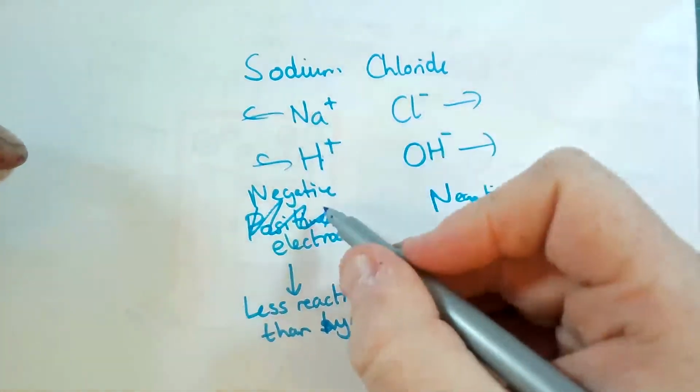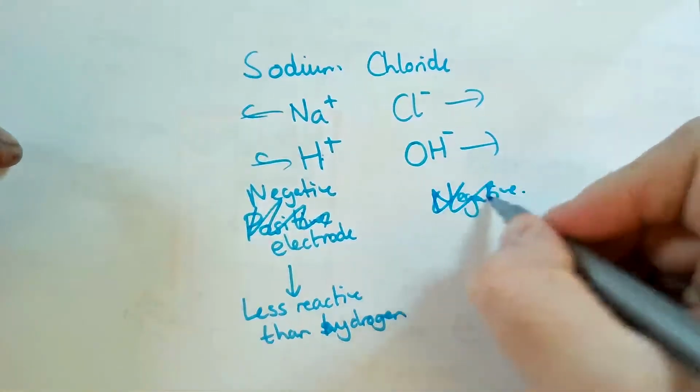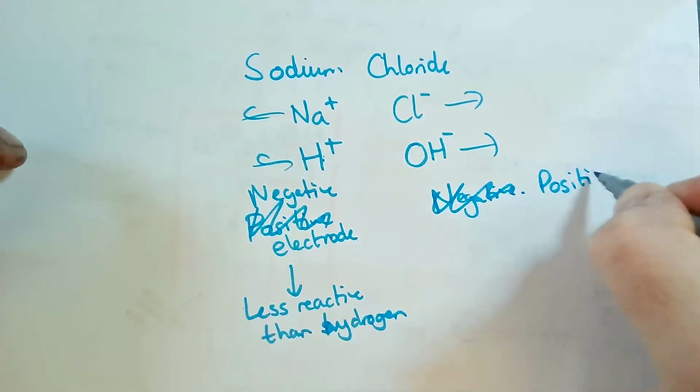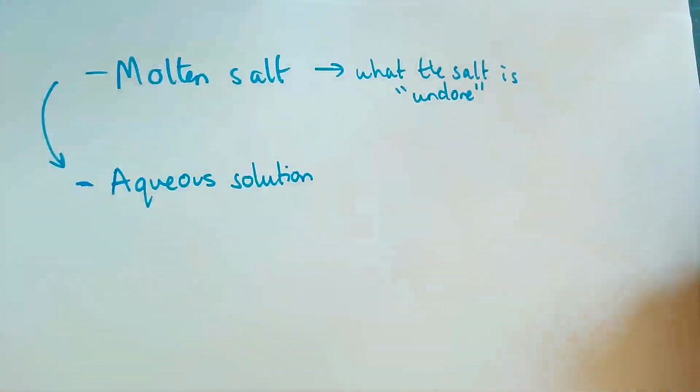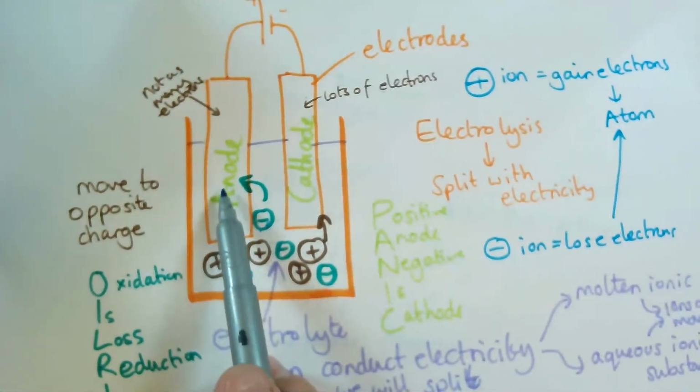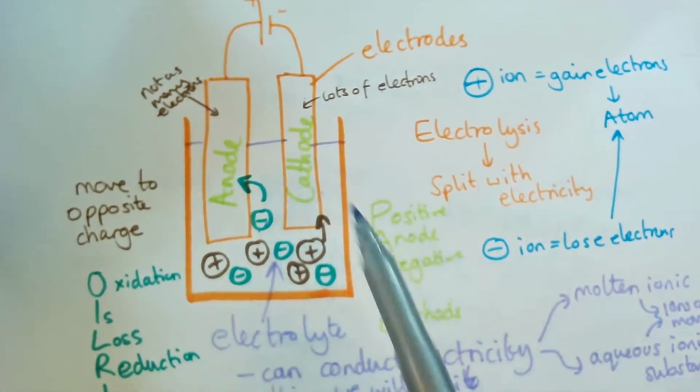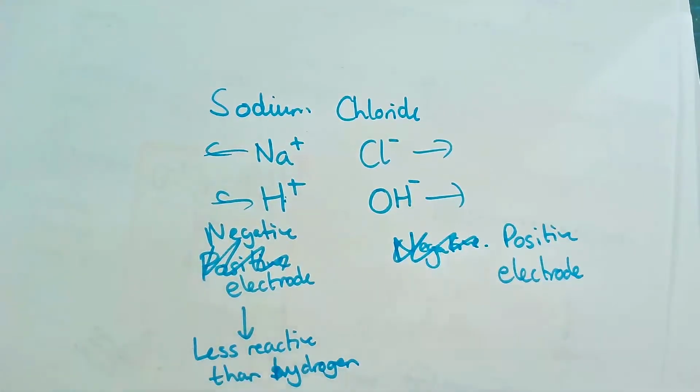The positive ions go to the negative electrode, and the negative ions go to the positive electrode. They always go to the opposite. Do you have any questions before I talk about the rule there?